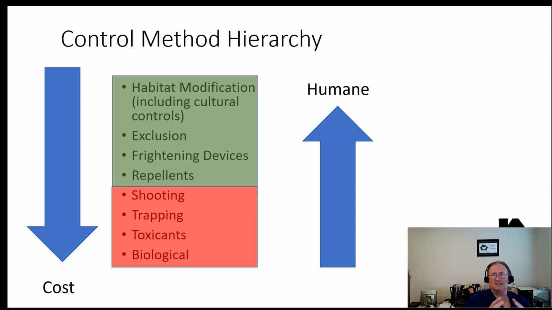We could put them under toxicants even though they're not regulated by the EPA. Nevertheless, typically toxicants tend to be baits or fumigants. So either the animal's eating it and it dies of the poison, or they breathe the poison and that kills them as well. So toxicants tend to be regulated by the EPA, although we have a new category coming along now where you have non-regulated type products.